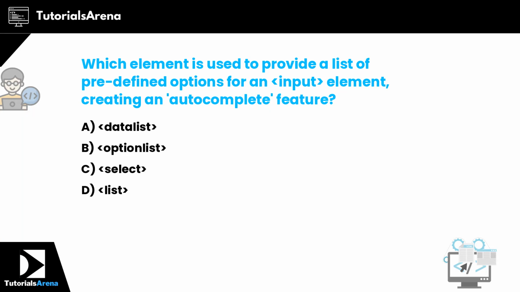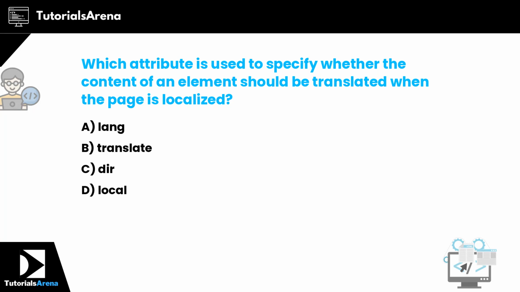Which element is used to provide a list of predefined options for an input element, creating an autocomplete feature? The correct answer is option A, datalist. Which attribute is used to specify whether the content of an element should be translated when the page is localized?